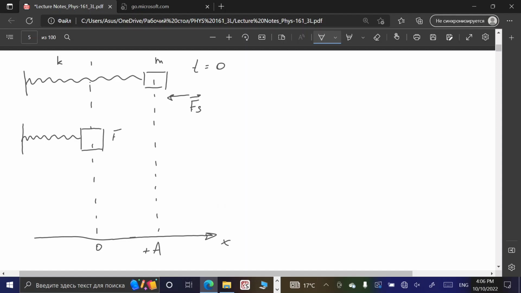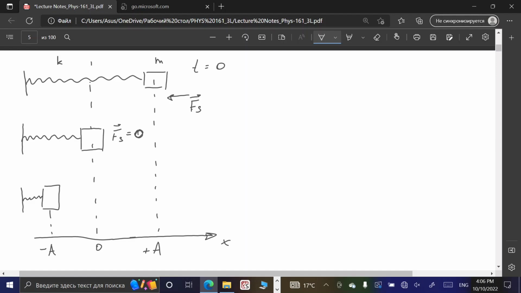Here F s will be equal to what? 0, because we don't have any displacement at equilibrium condition. And obviously it will not stop here. It will continue because we don't consider any friction so far, so we don't have dissipation of energy. Potential energy transforms to kinetic and then transforms back to potential energy. That means that this spring will be compressed, and our block will move to another extreme position, which will be minus A.